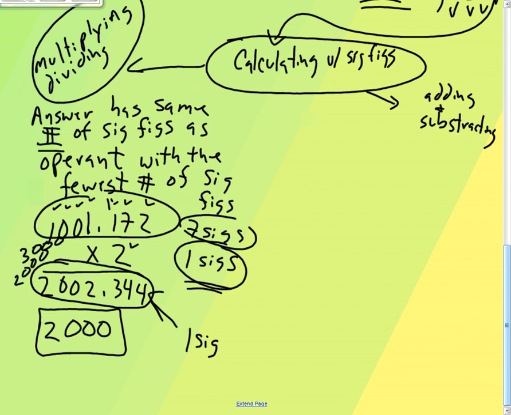Okay? Now, just a rule of thumb for rounding, I'll write rounding here, right? If the number I'm rounding is 5, we will round up to the next higher. If my number is 4, we round down. So let's say I have 2500, and I have to round that to 1 sig fig.